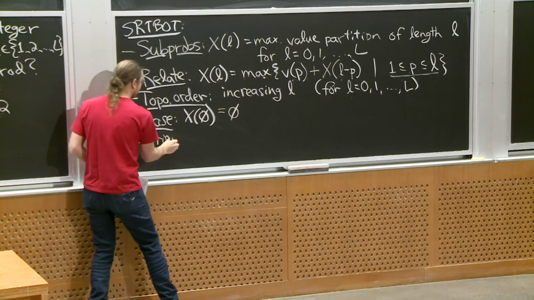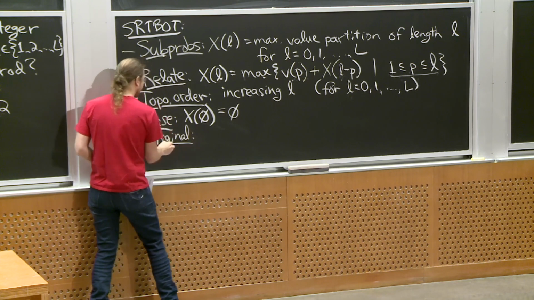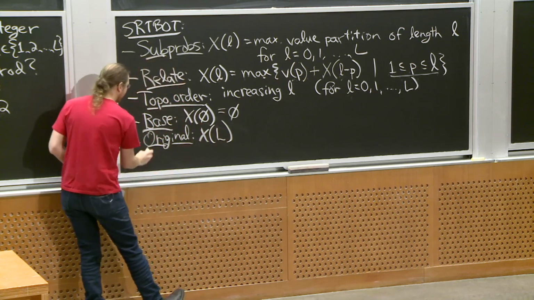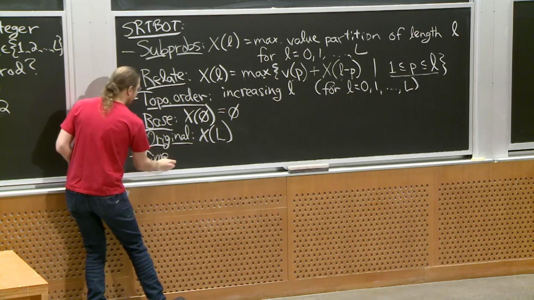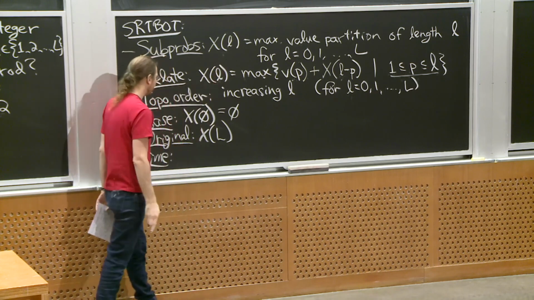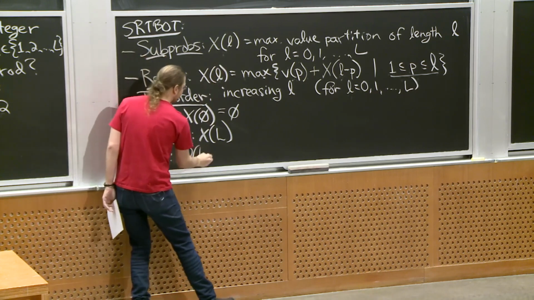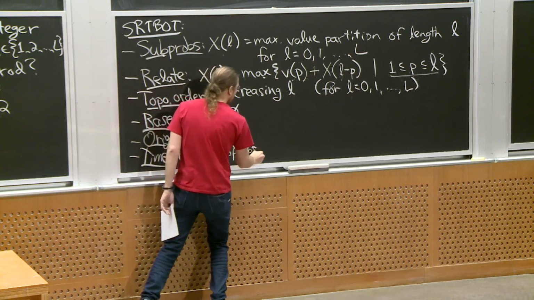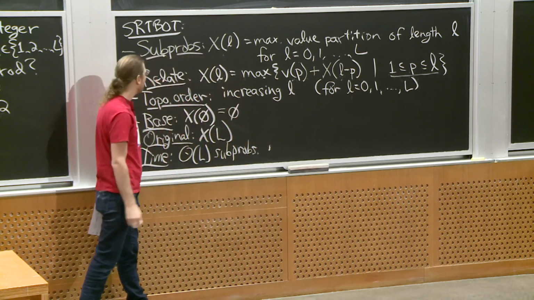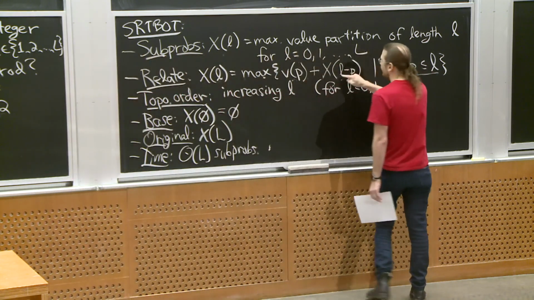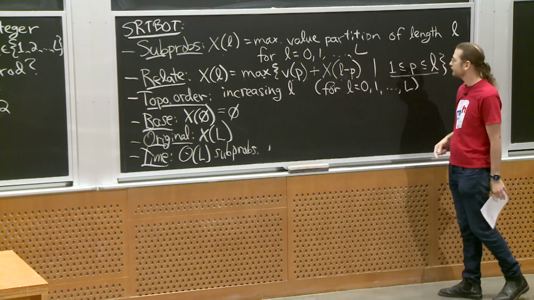OK, then we have the original problem, which is just the length L rod. And then the time to compute this thing, how many subproblems are there? Capital L plus 1. So we'll say theta L subproblems. And we'll multiply by the amount of time to evaluate this max, just a constant number of things in here, not counting the recursive call.